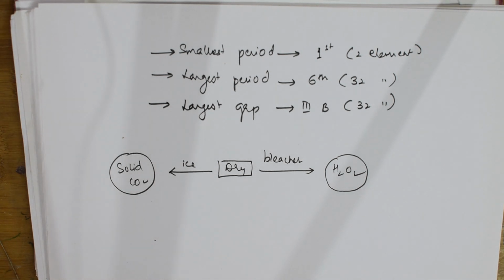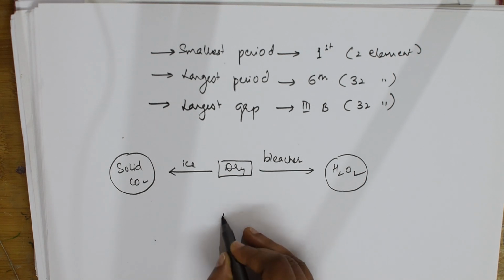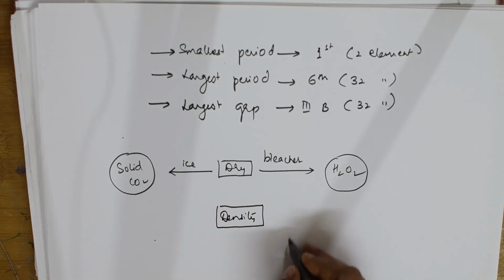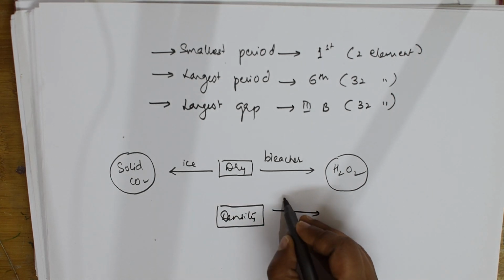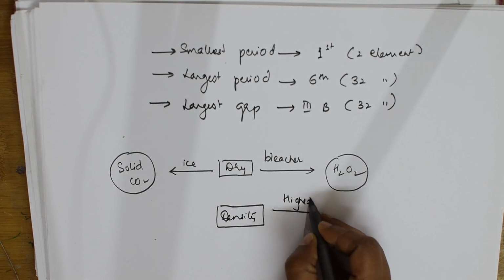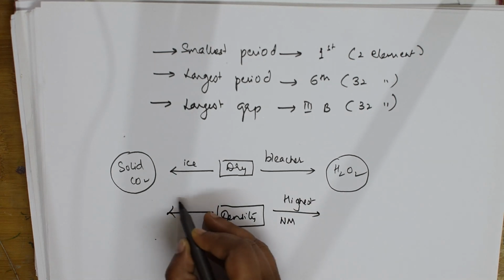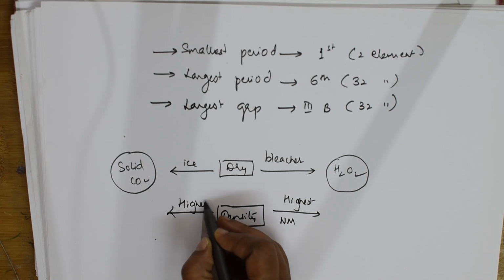Here in the density thing, we have written density earlier. Now let us see the same density if it is highest non-metal or highest metal. Let me write again, density concept. What is the element with highest density, highest non-metal, and which is the element which has highest metal.